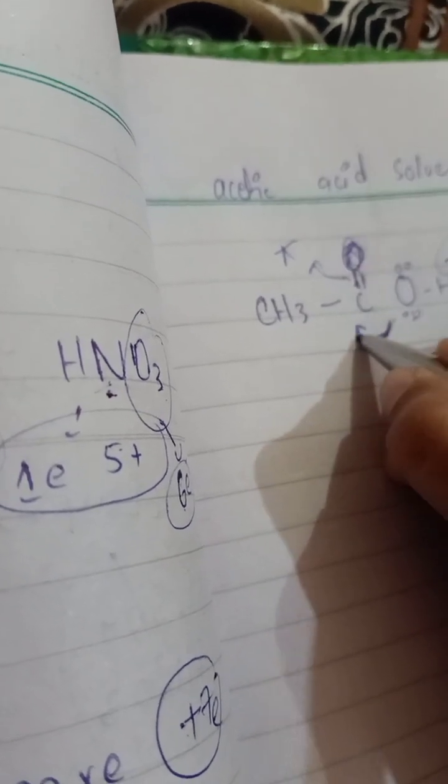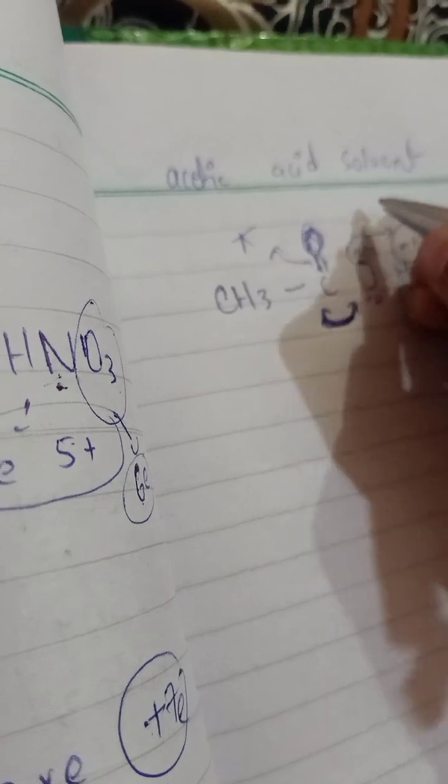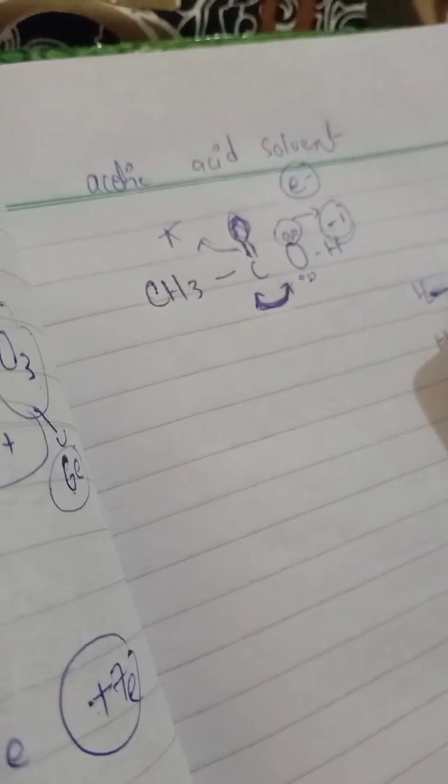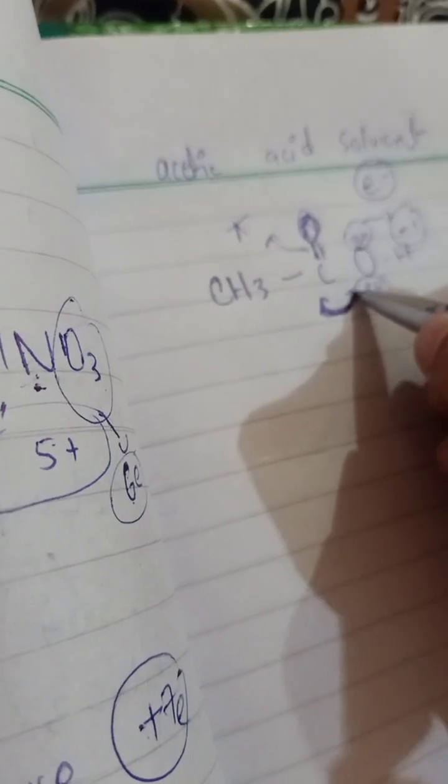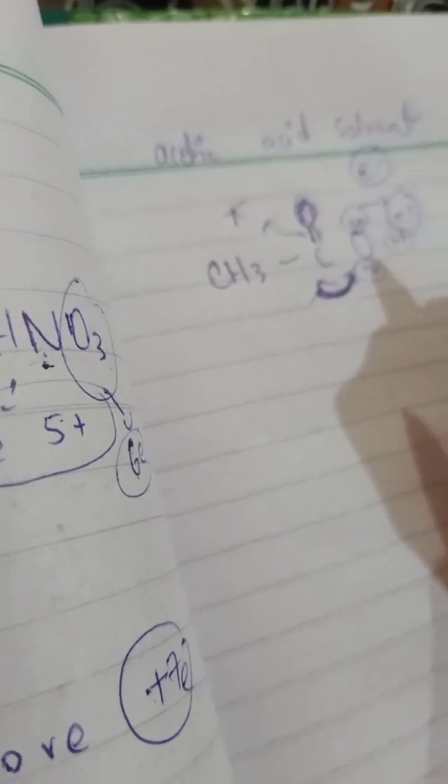One will be attracted to the carbon, and one will move toward the hydrogen, which means the oxygen is sharing only 1 electron. In water the oxygen was sharing 2 electrons, but here the pair is suppressed toward the carbon, and one is sharing the electron with the hydrogen.